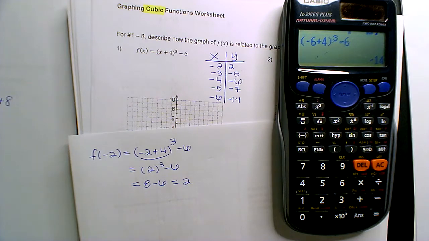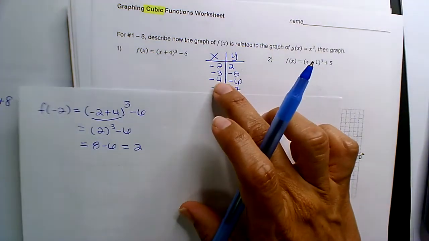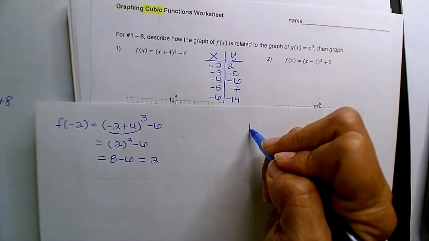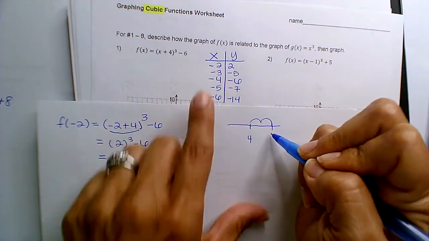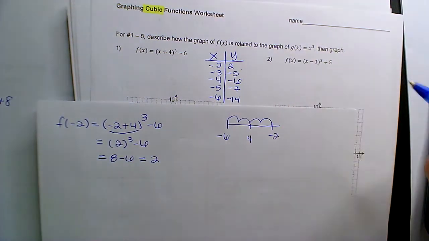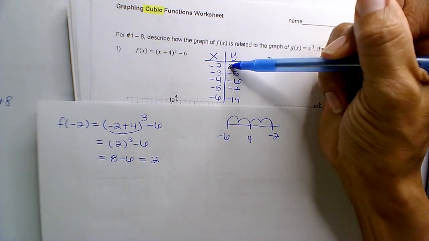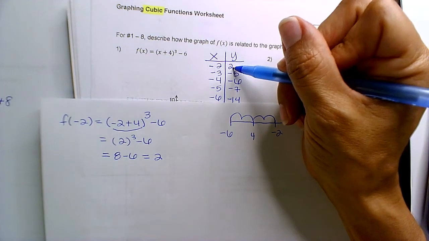So here we go, all right? But if you want, you can just go straight to plotting the points. All right, look. -4 is my h value. -2 is 2 units away, as is -6. So -2 gave me the output 2.